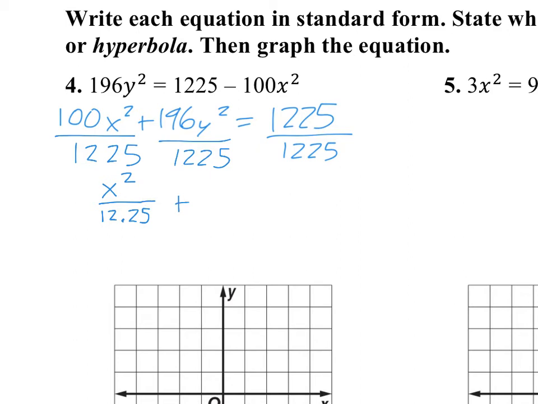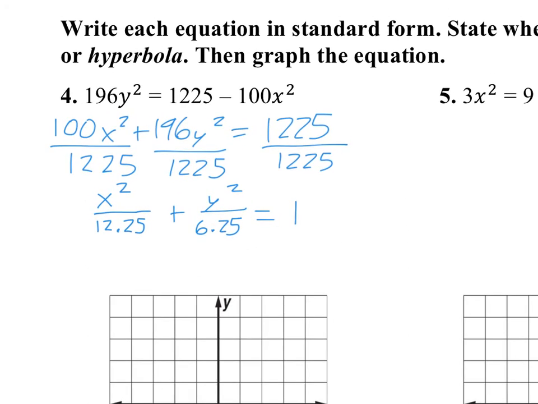All right, now do 1225 divided by 196, but then put that in the denominator. So 6.25 goes in the denominator. Now, those look like ugly numbers, but they're actually really nice numbers. Because if you take the square root of 12.25, you get 3.5.